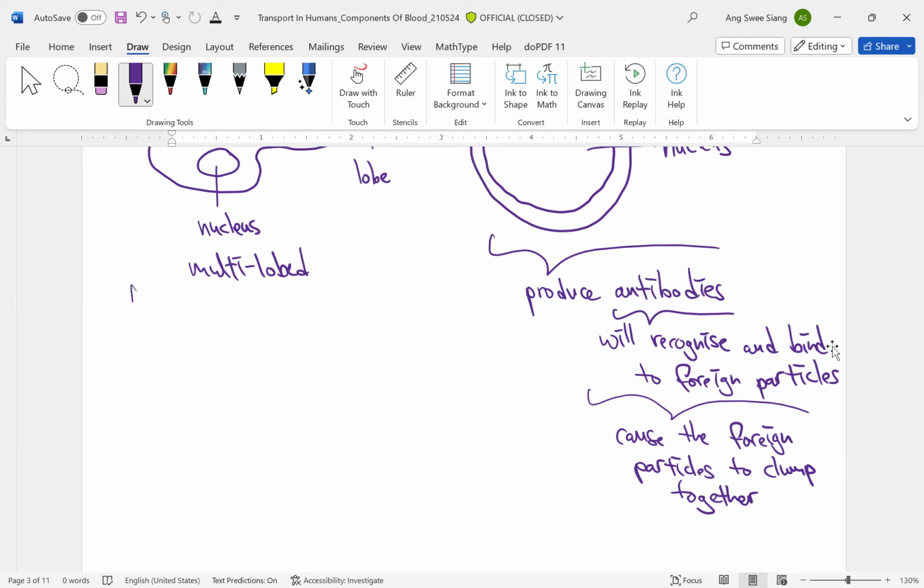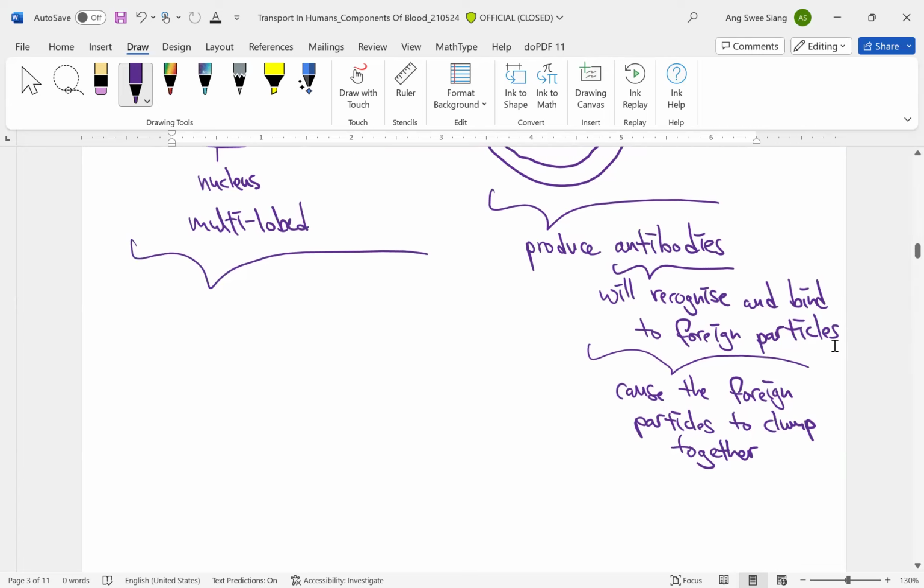So the function of the phagocytes is to carry out phagocytosis.